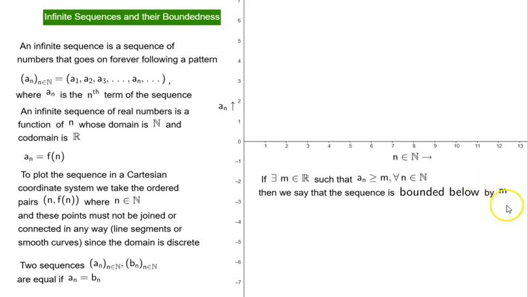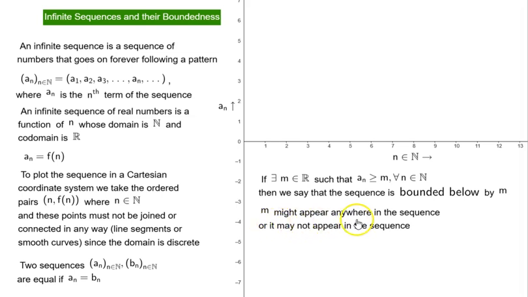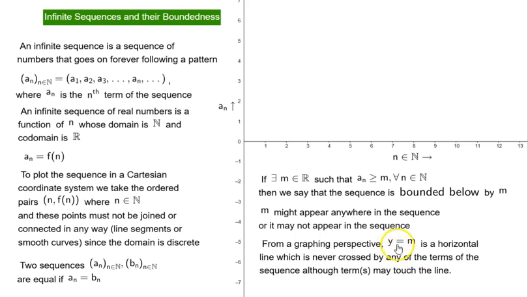So generally, lowercase m is used to show the bounded below and capital M is used for the bounded above. Now again, m might appear anywhere in the sequence or it may not appear in the sequence. From a graphing perspective, again, y is equal to m is a horizontal line which is never crossed by any of the terms of the sequence, although terms may touch the line.